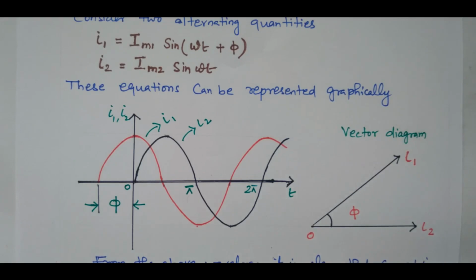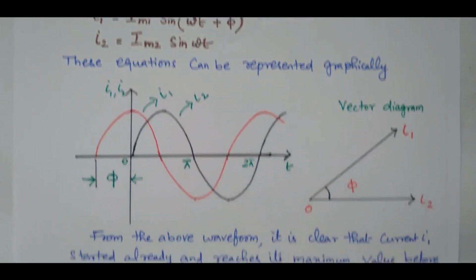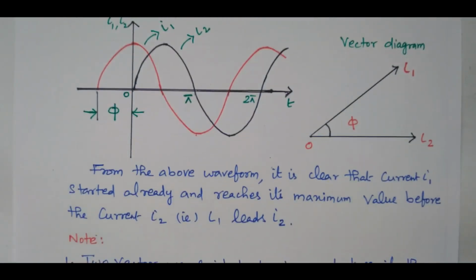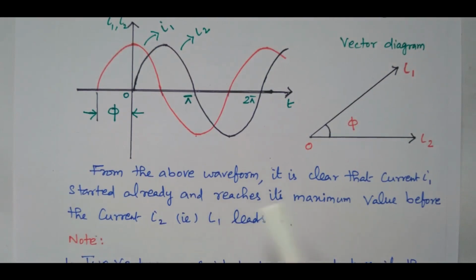Lagging means it will go in the downward direction. So this pi is the angle between I1 and I2. I1 is leading the current I2 by pi. So that is given as a statement. From the above waveform, it is clear that I1 starts already and reaches the maximum value before I2.